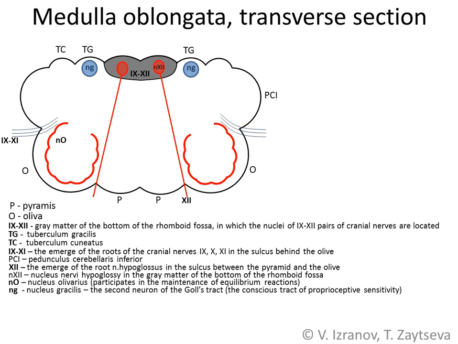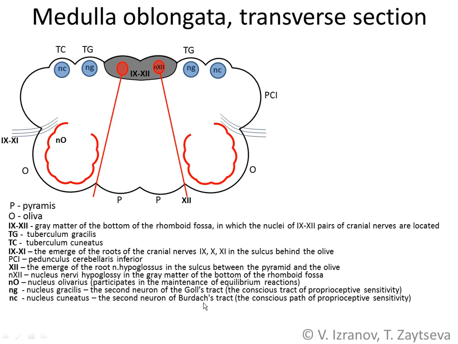Nucleus gracilis is the second neuron of the Golgi's tract. Then similar but laterally located, NC, nucleus cuneatus, the second neuron of Burdach's tract, the conscious path of proprioceptive sensitivity.